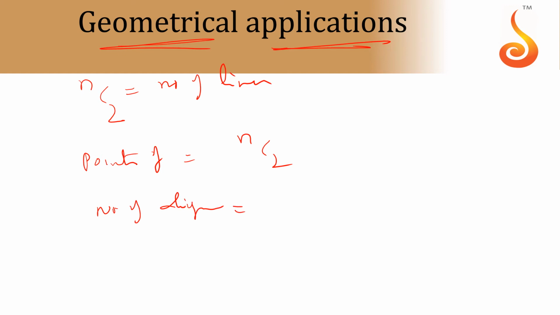Suppose there are n points, no two are collinear, then nC2 lines are possible. In those nC2 lines, n lines will represent the sides of the polygon. If you subtract this n from nC2, you will get the number of diagonals, which if you simplify, you get n(n minus 3)/2. That is how to calculate the number of diagonals.